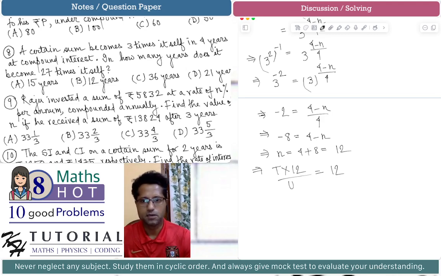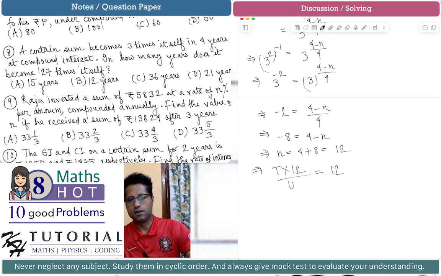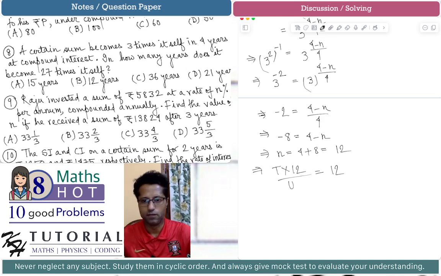And u is also 12, because nothing is told about whether it is compounded annually, quarterly or half yearly. We always assume interest is compounded annually. So u will be 12.